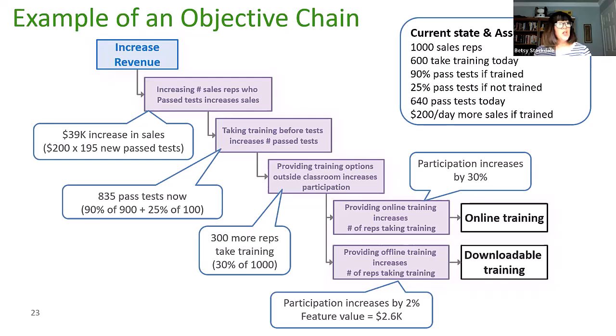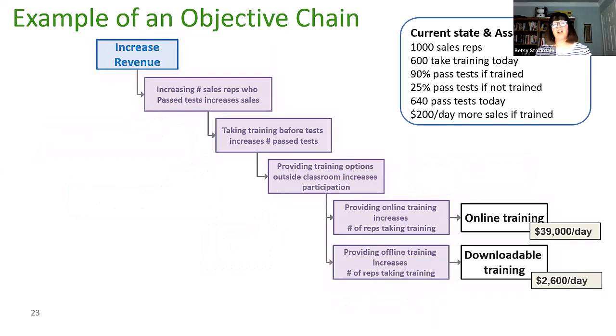Now, if we take a look at the downloadable training, that only increases our participation by 2%. And if we go through again and do all of the math, that feature set is really only about $2,600 a day.